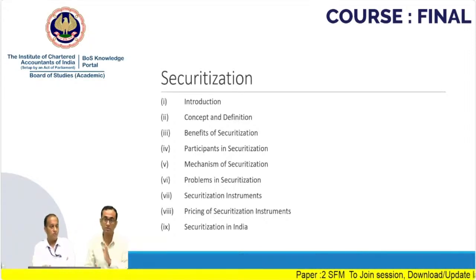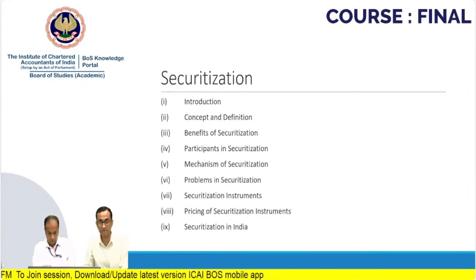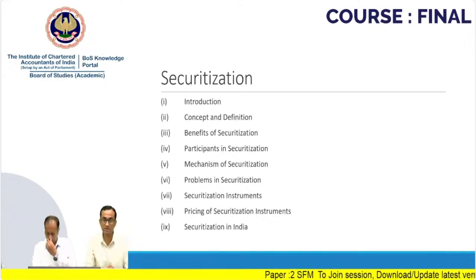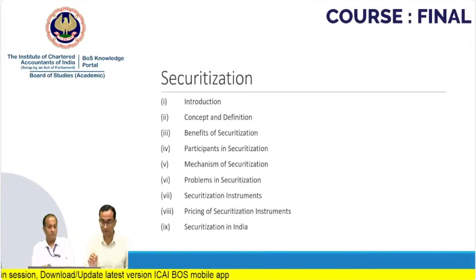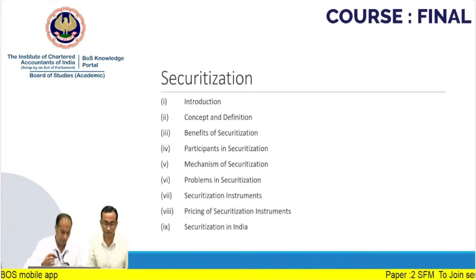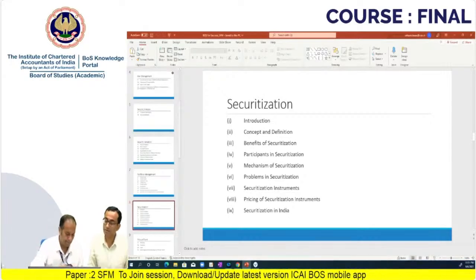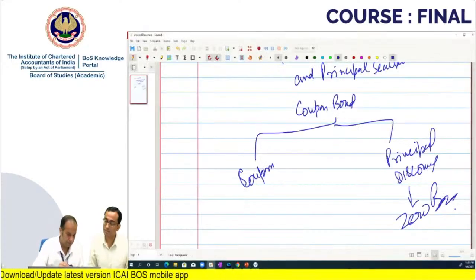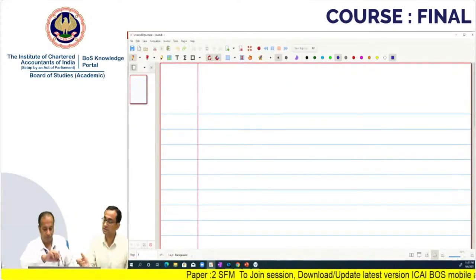So it converted those securities, made them marketable with the help of the credit rating agencies, and finally issued them to the investors. So this is basically the simple concept of securitization. I will take the help of a flow chart to explain this, then I will continue further.